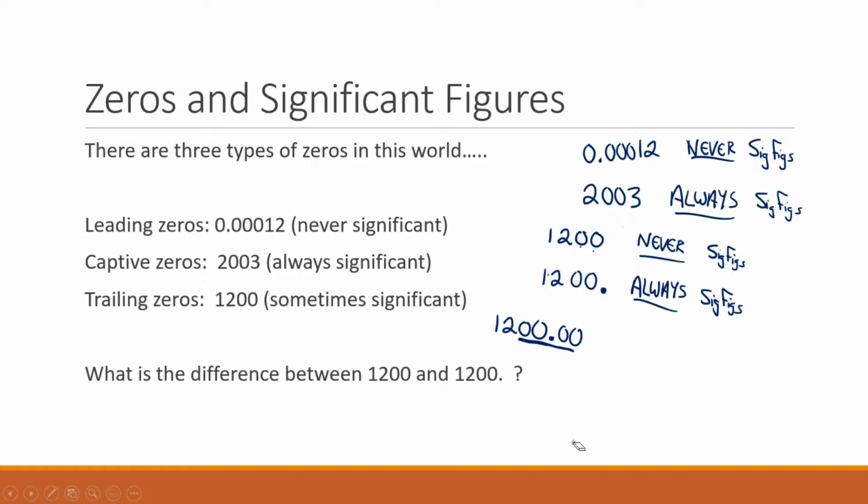So that means I measured 1,200s, 0 tens, 0 ones, 0 tenths, and 0 hundredths. There are 6 significant figures in this number. All of these values are measurements.